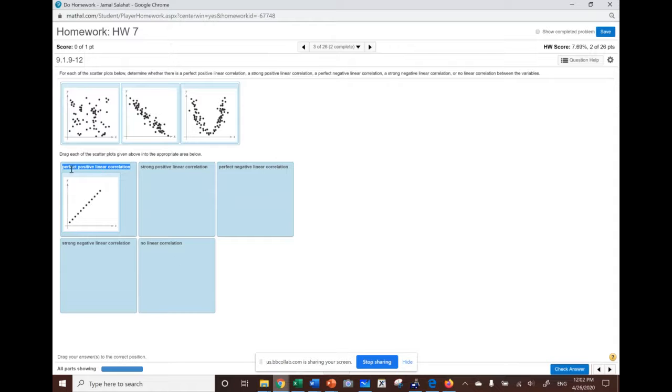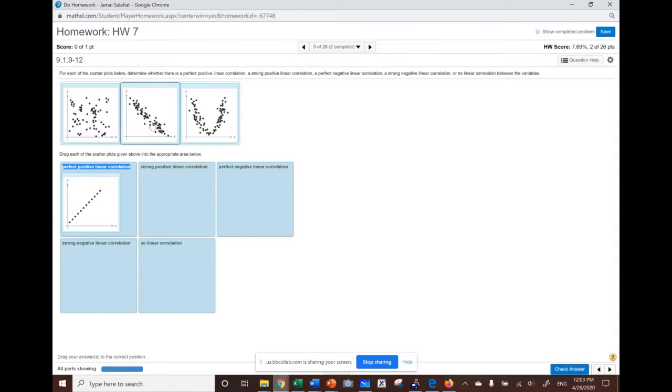So this is a perfect one. Why perfect? Because it's a straight line, and it's positive, going up. The one after is strong positive linear. By the way, let's look at this second one in here. It is coming down, so it is negative. It is not coming down in a straight line, but it's close enough.